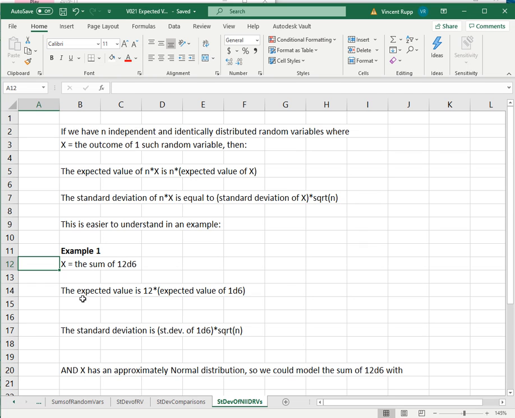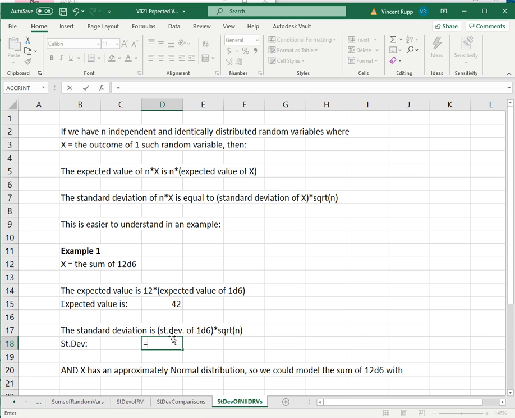So the expected value is just going to be 12 times the expected value of one of those dice. We know we calculated this before in the example with the young green dragon, 12 times 3.5 gives you an average of 42 on 12d6. Now the standard deviation is similar, but it's a little more complicated.